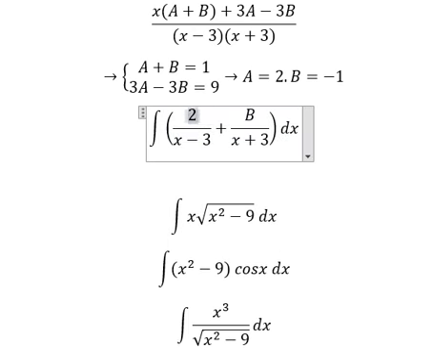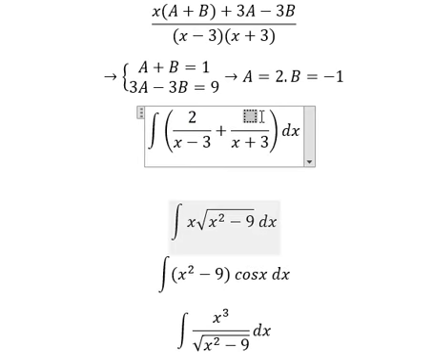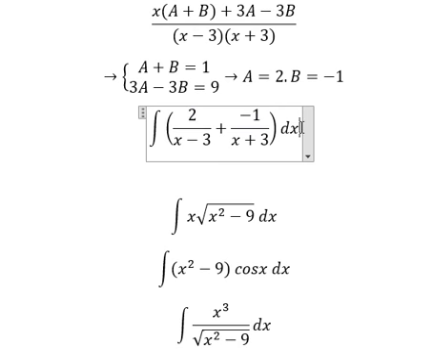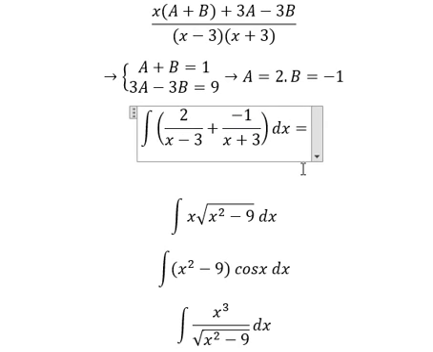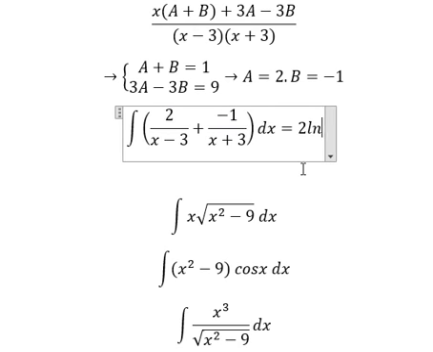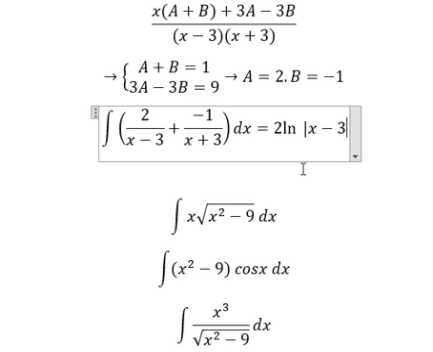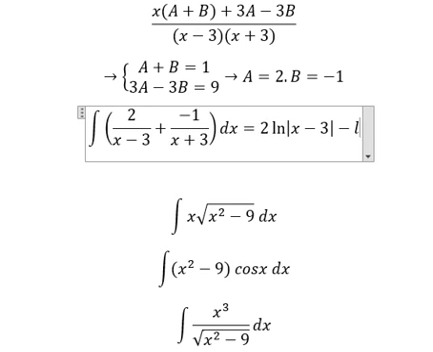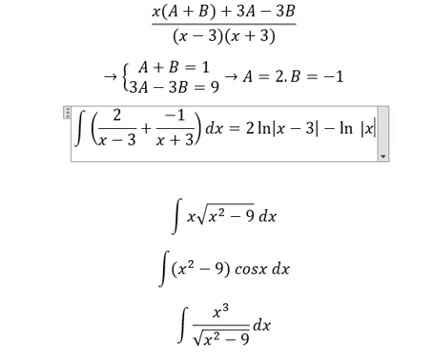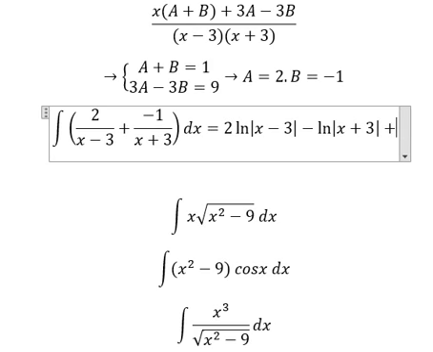The integration of this one, we have 2 ln of the absolute value of s minus 3. The integration of this one, we have negative ln of the absolute value of s plus 3. And we put plus c.